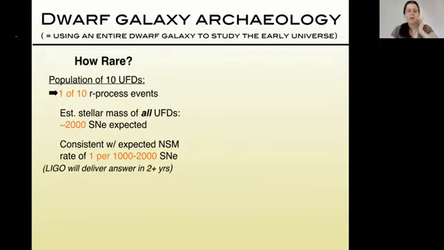We had 1 out of 10 R-process galaxies, which meant that in 1 out of 10 systems, one R-process event had gone off prior to the formation of the stars we have observed. You can then make a back-of-the-envelope calculation for how many supernovae we would have expected to have occurred back then in that entire population of ultra-faint dwarfs, and it comes out to about 2,000. So we have a rate of about 1 per few thousand supernovae, right?